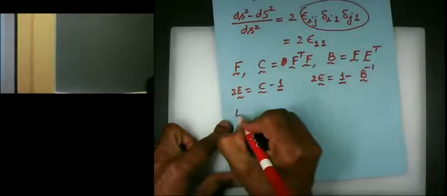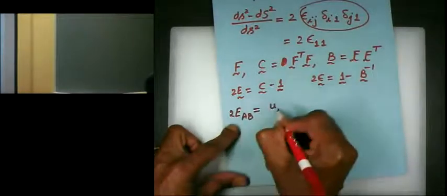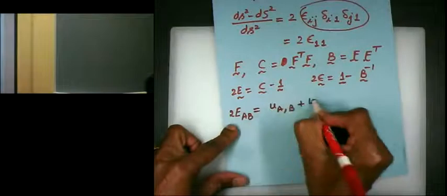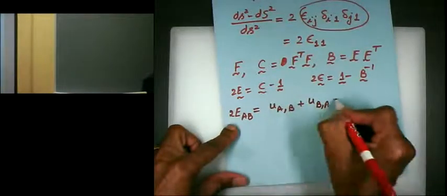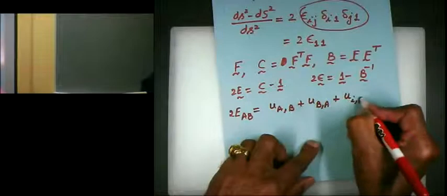Also, if you write in terms of displacements, you may remember we derived twice E_AB as U_A,B plus U_B,A plus U_I,A U_I,B.